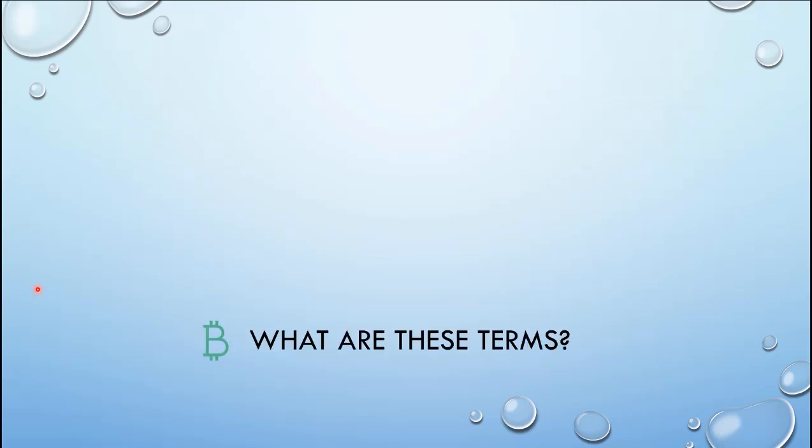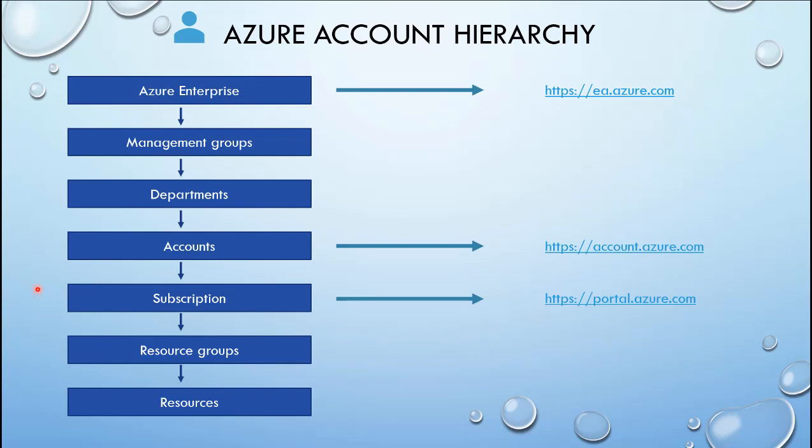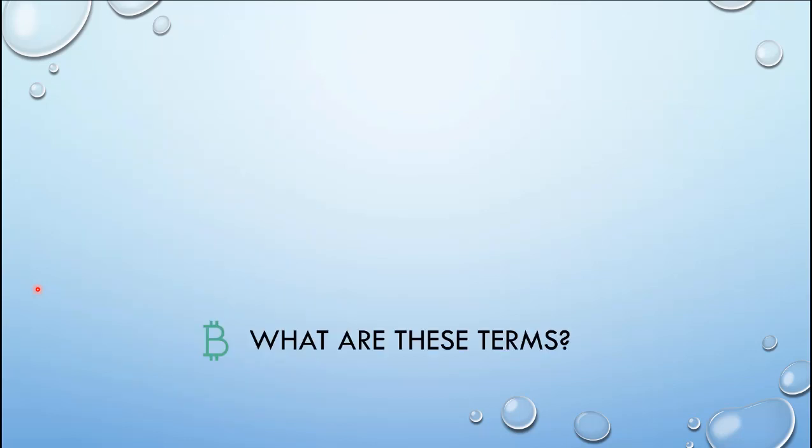So what are all these terms? I know I mentioned a few terms over here: management groups, subscriptions, accounts, resources, and so on. So let's first cover briefly what these terms are.